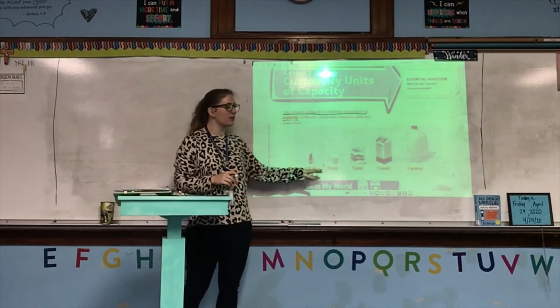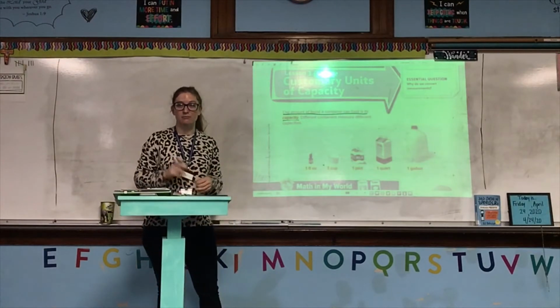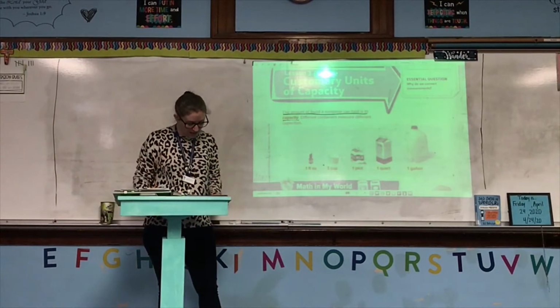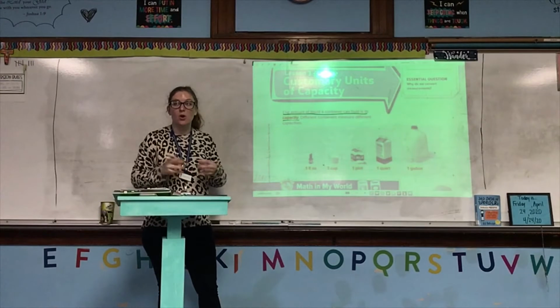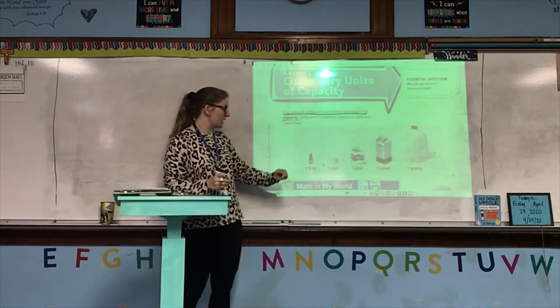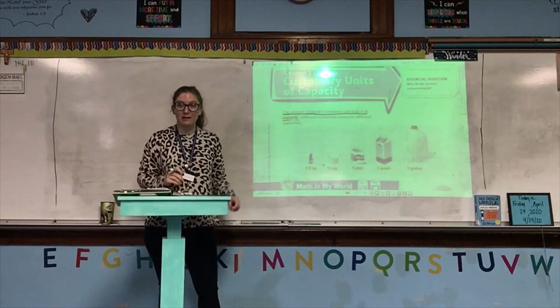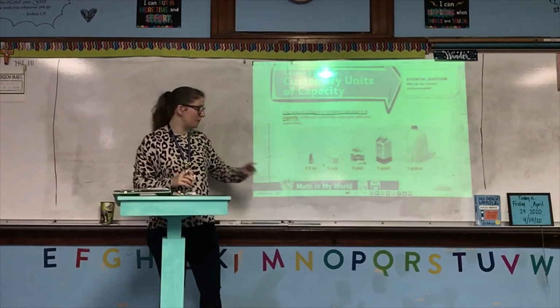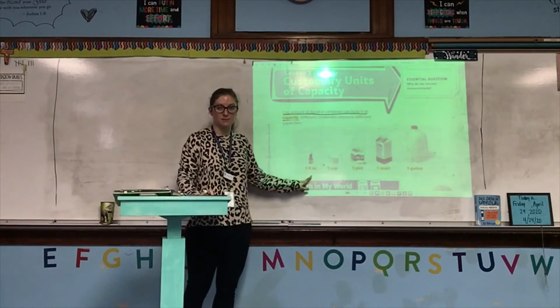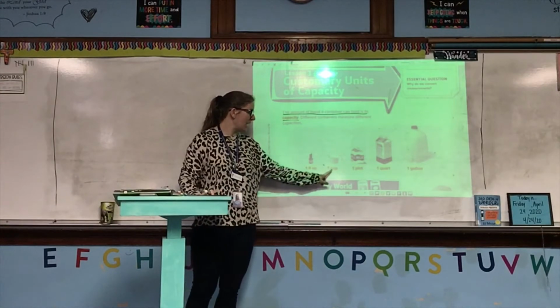So here, underneath that, we have pictures of real-world items that hold the amount that it says. So here we have a nail polish bottle. Now this is probably like a really, really small nail polish bottle, and it holds 1 fluid ounce. Then we have a measuring cup.